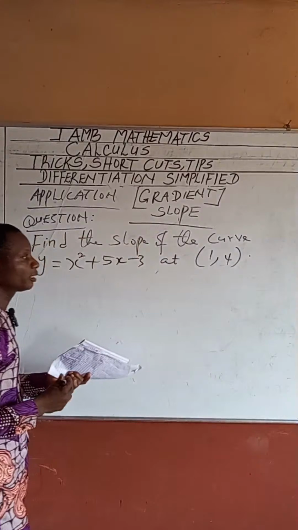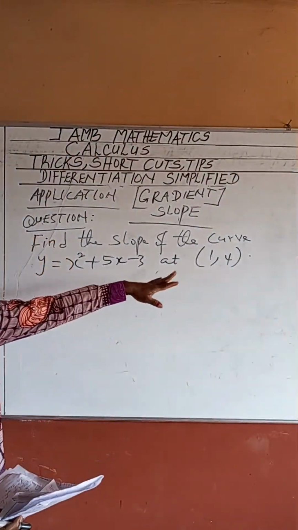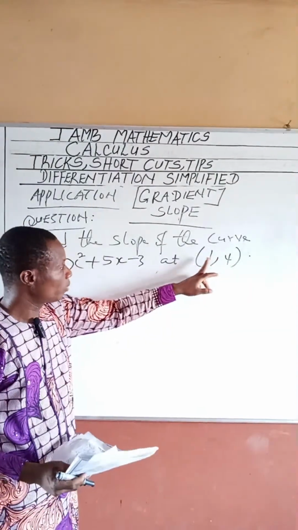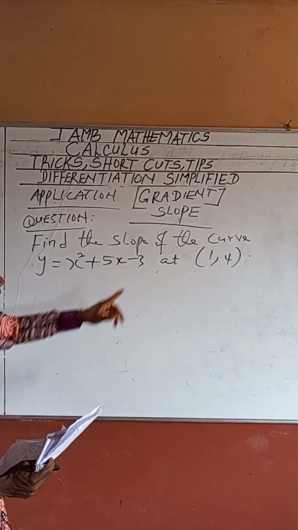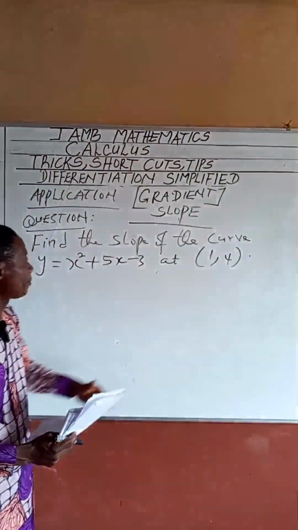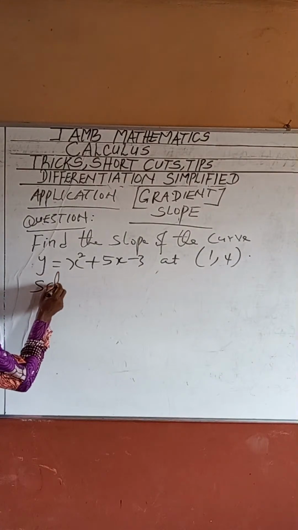So coordinates, a point is coming now. This is a point, and the coordinates of the points are given. We have the x coordinates and the y coordinates. The first letter is x, and the second one is y. Please don't forget, this is very, very important.